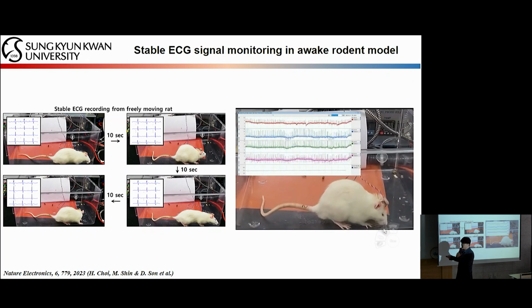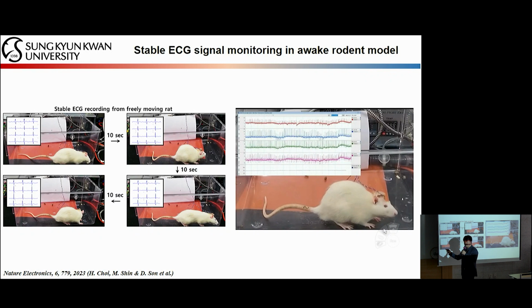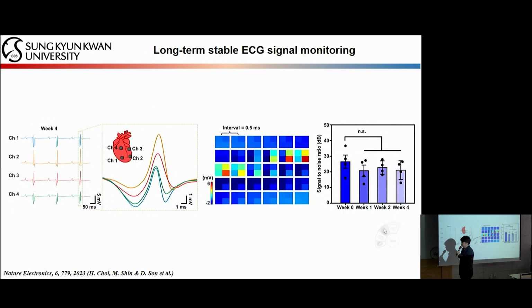So we successfully demonstrate the real-time measurement of the ECG signals in awake rats that are freely moving around. And also, the monitoring performance was stably maintained up to 4 weeks, while showing a decent level of SNR.